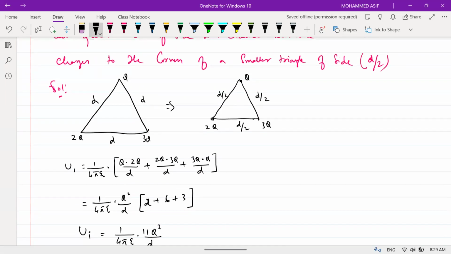Then you have gone to another triangle whose side is D by 2. So the final energy will be equal to how much?